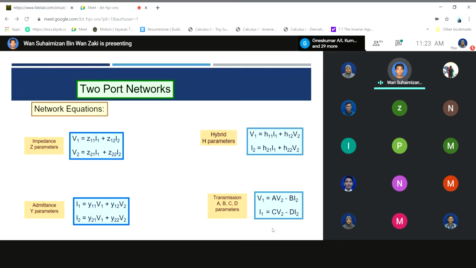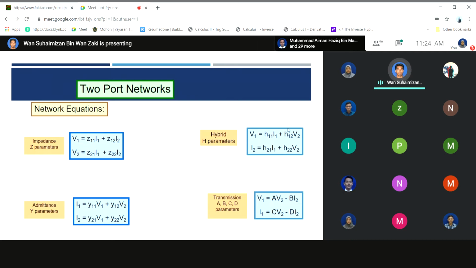So we will cover four parameters. We have the impedance Z parameter. We call it the Z parameter because in the equations and formulas we have Z: Z11, Z12, Z21, Z22. These are all parameters that you need to determine from the circuit. Then we have the admittance Y parameters Y11, Y12, Y21, Y22, and this is the equation relating the admittance Y parameters.